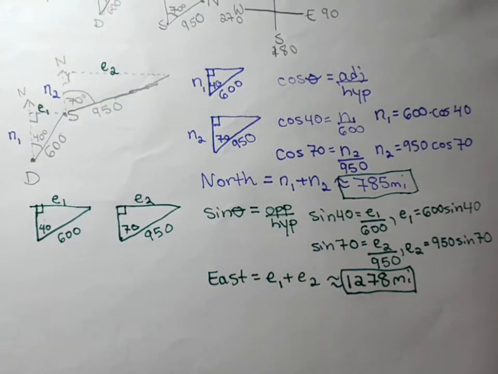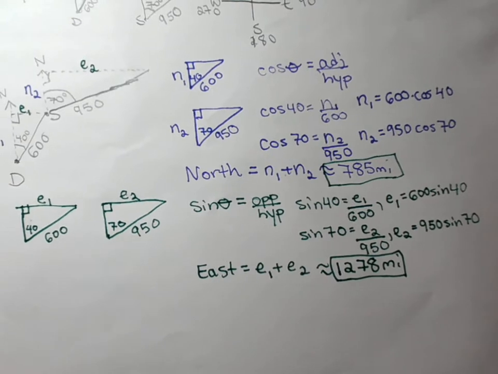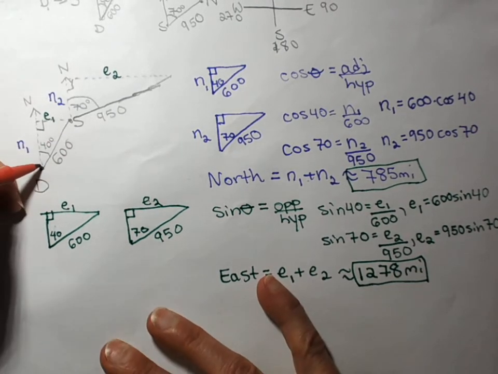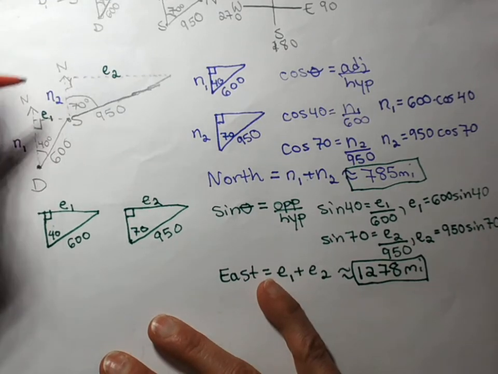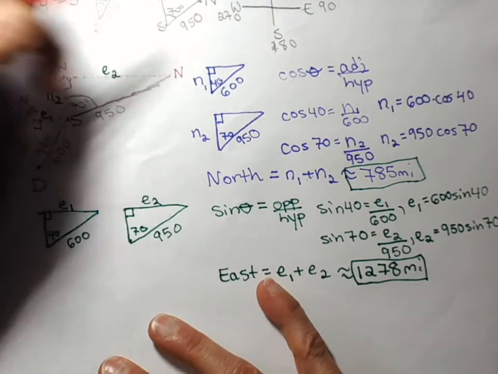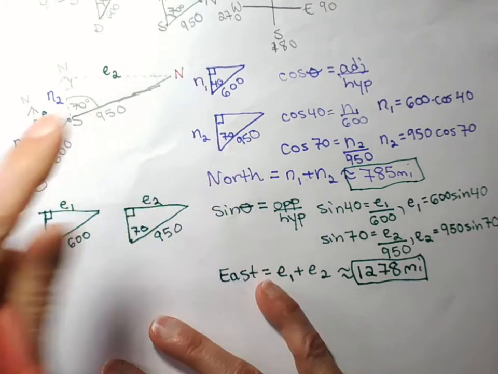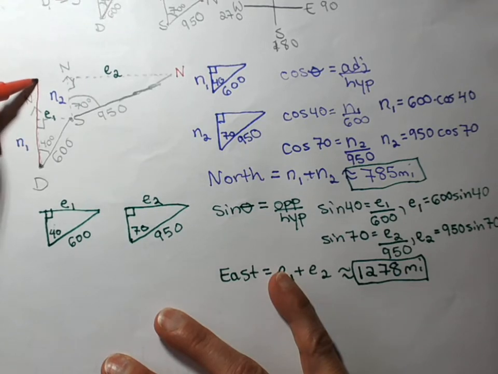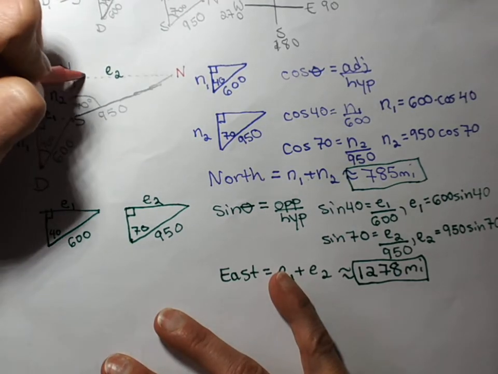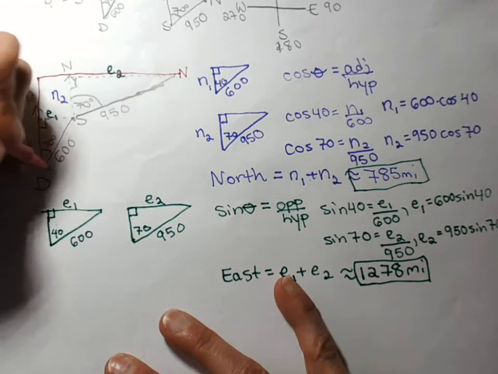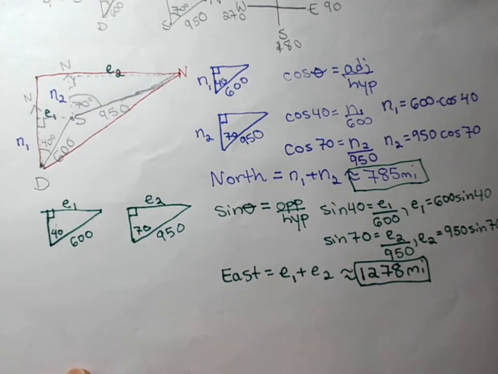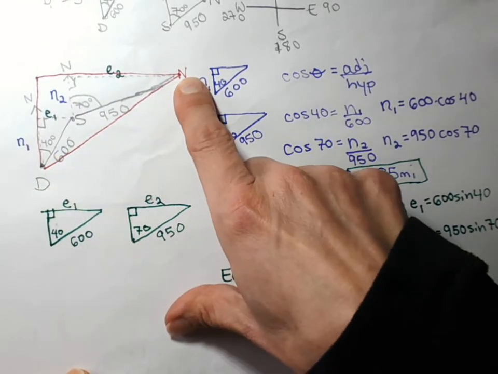Okay, now what I would like to show you is where are those distances on our figure? Well, if we think about from Dallas, oh, and I forgot to put the N here for New York. If we think about the distance from Dallas straight north and then east, we could find the direct distance from Dallas to New York.